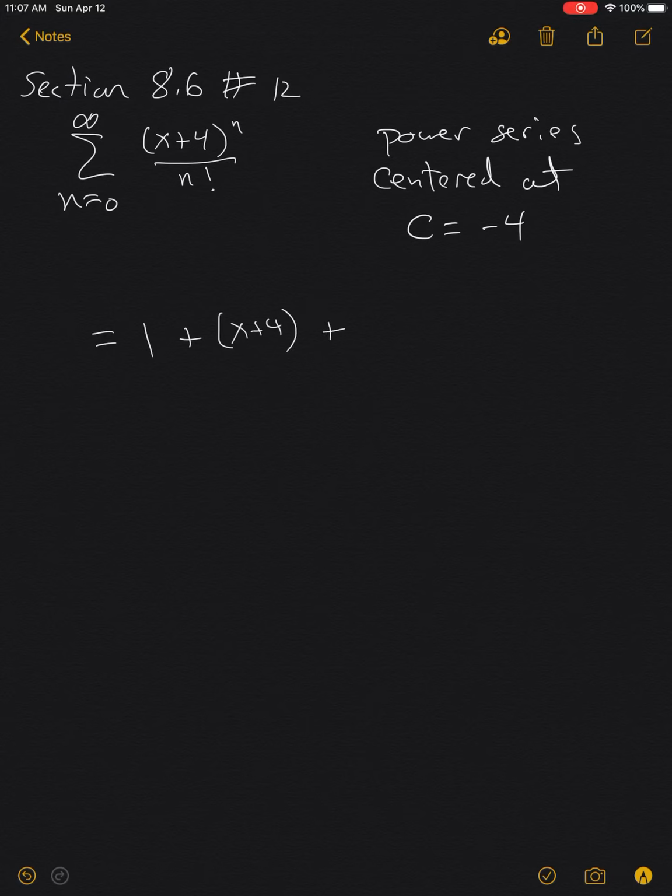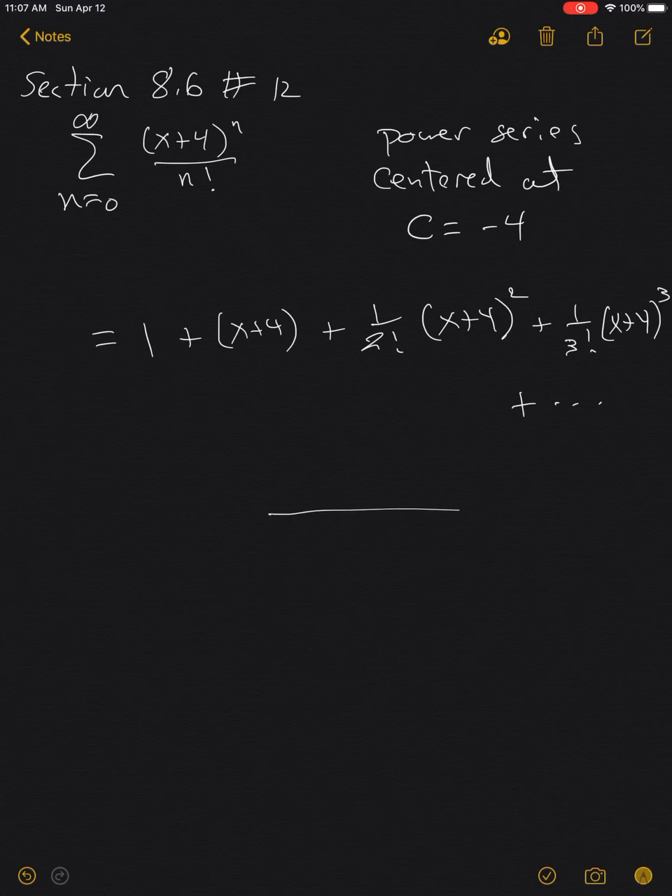Then we have 1 over 2 factorial, x plus 4 squared, 1 over 3 factorial, x plus 4 cubed, and so on. So the series is expressed in terms of powers of x minus -4.